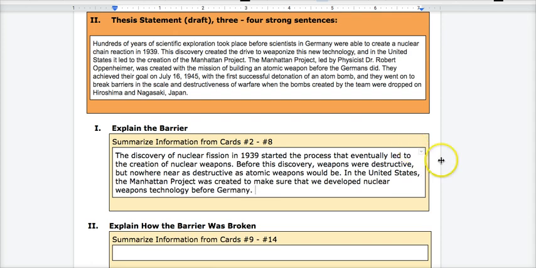What else do I have? That's kind of the breaking of the barrier. So more of the barrier. So we didn't think we could do it. That's a barrier. Also, we broke a barrier in destructiveness.